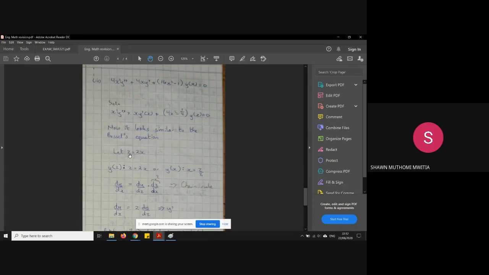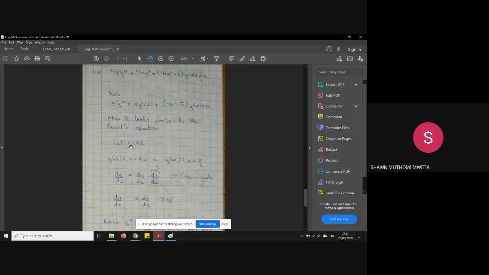And then now the problem is that we've changed this part, so we also have to change the whole equation. Since now you've said z equals 2x, we have to get the first derivative and second derivative of y with z as the variable.